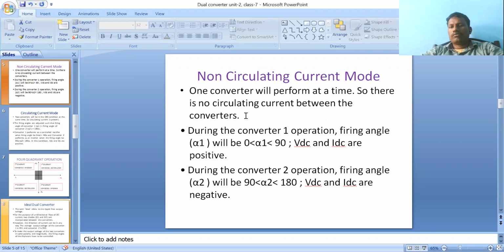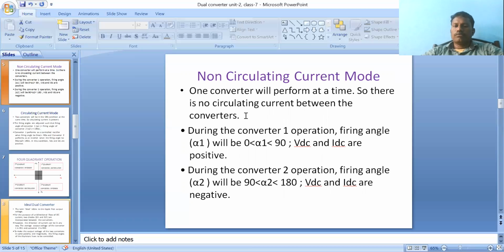Suppose converter 1 is a full converter. Alpha 1 indicates the first converter firing angle, and alpha 2 indicates the second converter firing angle. Those are the notations alpha 1 and alpha 2. Converter 1 operates with alpha 1 between 0 and 90 degrees.